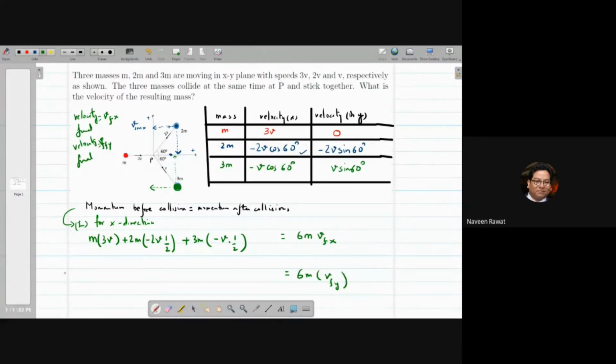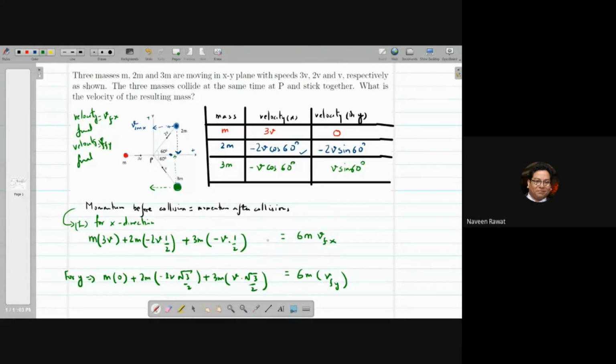So for y, again you will get m times 0, then 2m times this term, minus 2v sine of 60. Sine of 60 is root 3/2. The last term will be 3m times v, again sine 60, which is root 3/2.